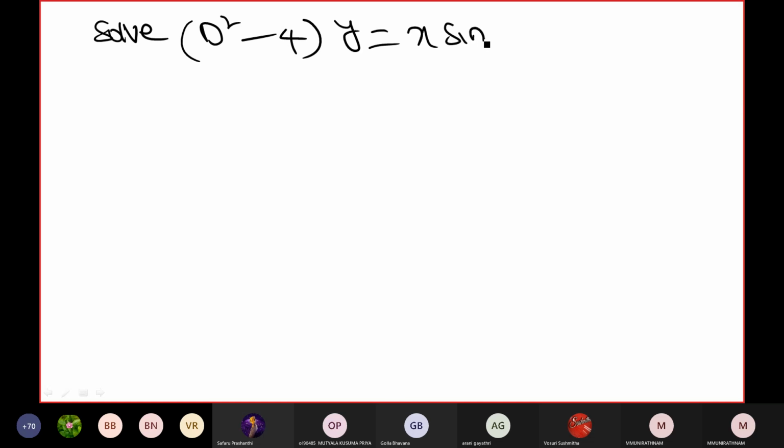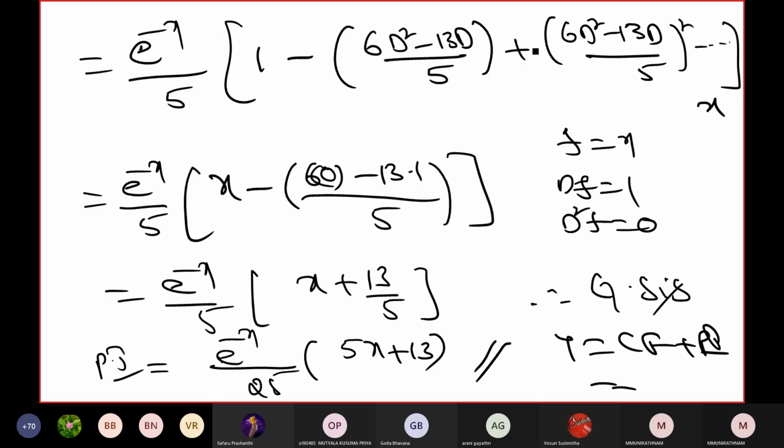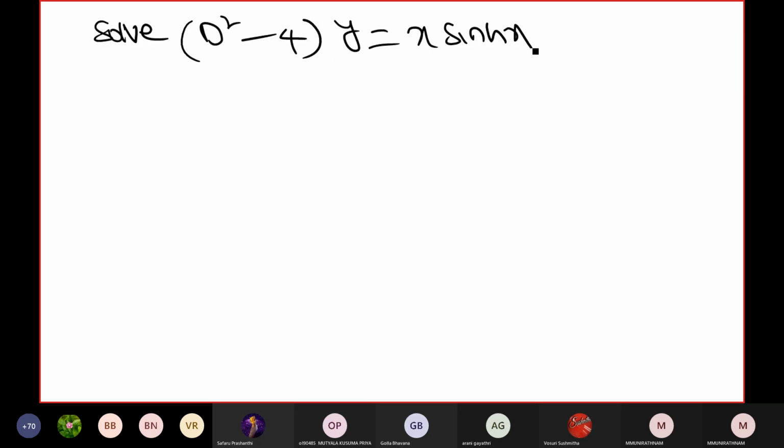Those who have finished, do the problem. Solve D square minus 4 into y equal to x sinh x.